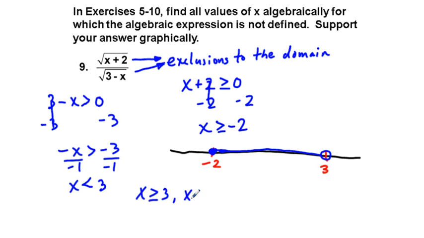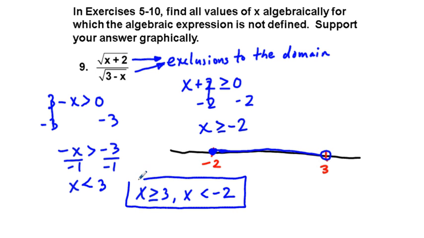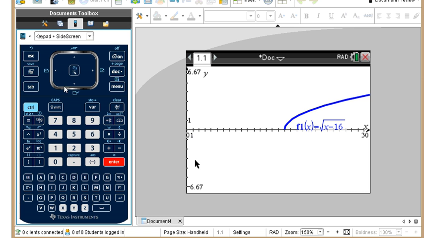And also x cannot be less than negative 2. So we've kind of supported graphically just using a number line graph. Let's support graphically with a two-dimensional graph.